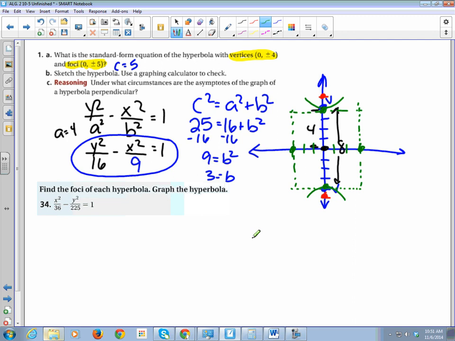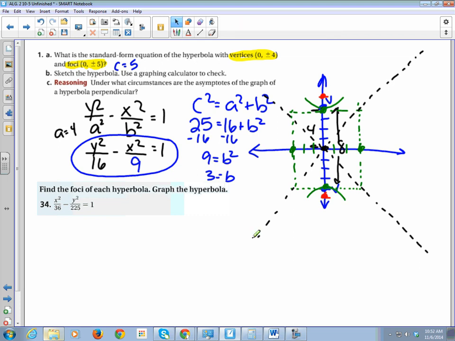So based on a and b, I make a box and I know my asymptotes are going to go through my hyperbola center and each corner of this asymptote box. So it's a quick and easy way to make the asymptotes. And once I do, my hyperbola opens towards its foci and then grows towards the asymptotes.